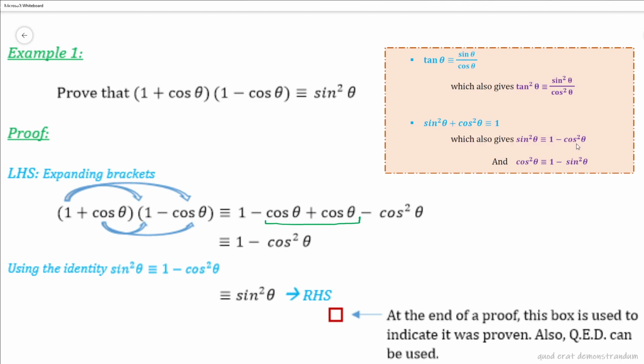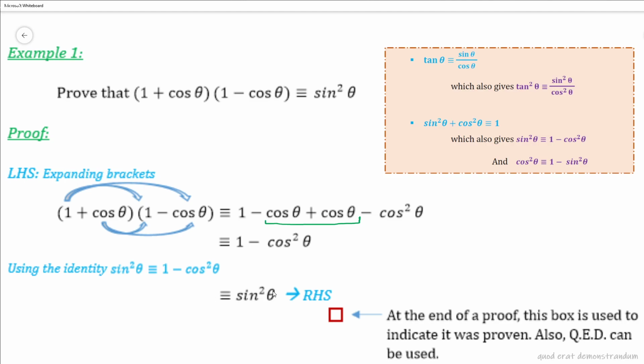But the opposite also applies. So if I have 1 minus cos squared theta, I can replace that with sine squared theta. So in our proof, where we have 1 minus cos squared theta, using that identity, and again it can work both ways, 1 minus cos squared theta can be written as sine squared theta.